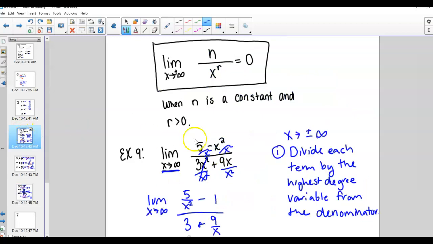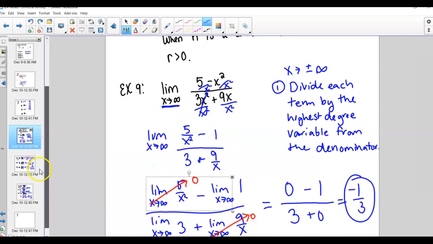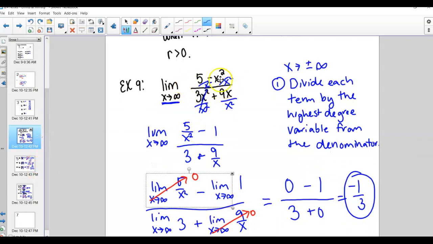So if I go back to that first problem that we did here algebraically, if I see that I've got here an x squared on top and an x squared on bottom, notice here, let me highlight that, I have an x squared and an x squared on bottom, and so my highest exponent on top was the same as my highest exponent on the bottom, and notice that my answer was negative 1 over 3.